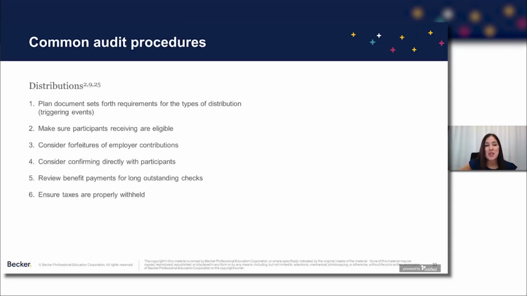You're also testing your distributions, and your objectives for testing distributions is to determine that the participant was eligible for the distribution, and the plan document will specify the types of distributions that are allowed and that they received the correct amount that they were supposed to receive based on the vesting provisions, and that taxes were properly withheld as applicable, and that the forfeitures were calculated properly.